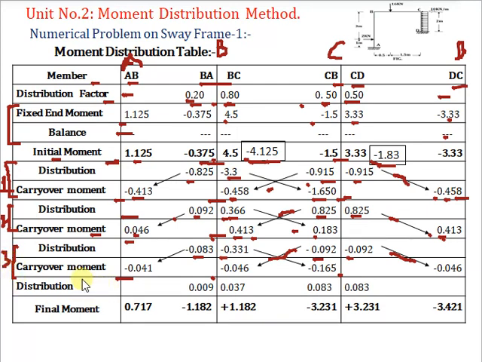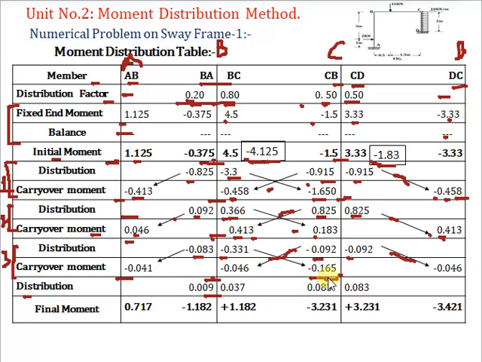After that we have to do the distribution. Consider the internal joints. Here we apply correcting moments as positive 0.046 and here positive 0.165. Positive 0.046 into distribution factor gives the values 0.009 and 0.037.